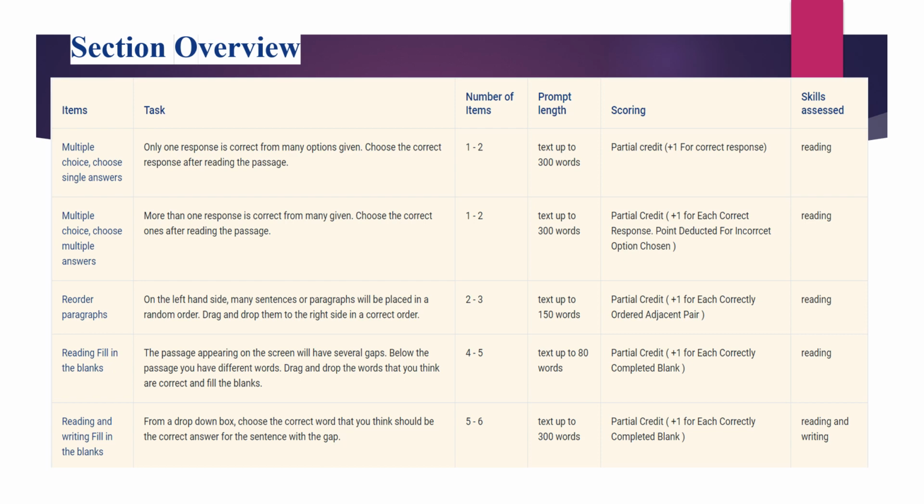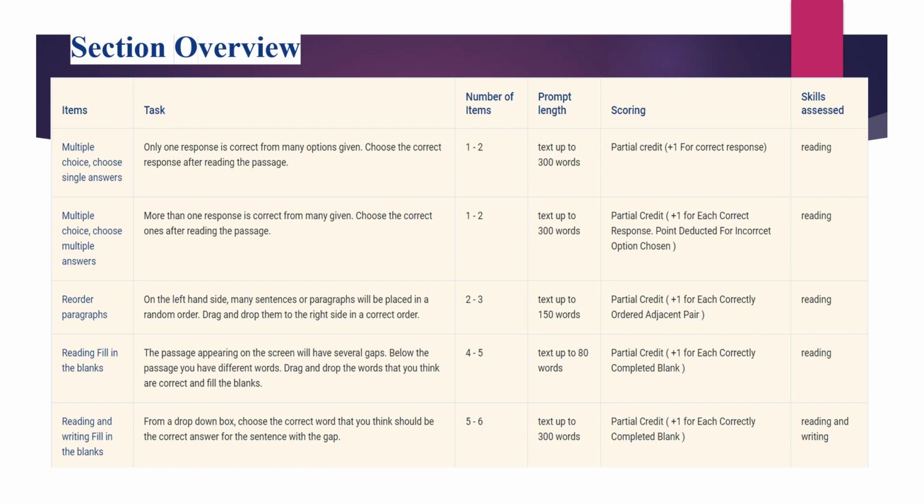Next, you have multiple choice, choose multiple answers. So more than one response is correct from the many given, and you choose the correct ones after reading the passage. You will have 2 or 3 correct options to select after reading the passage. The number of items will be 1 to 2, and the text length would be up to 300 words.